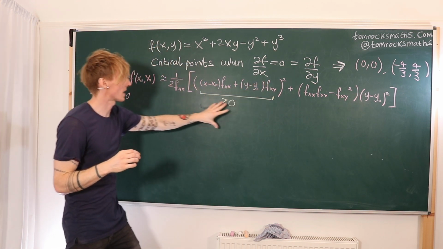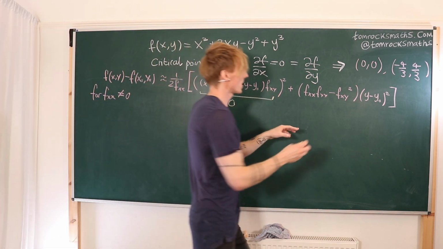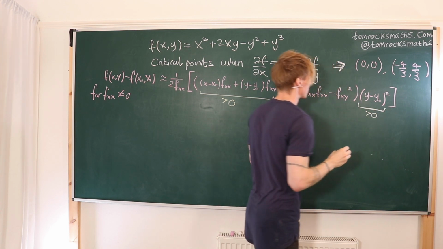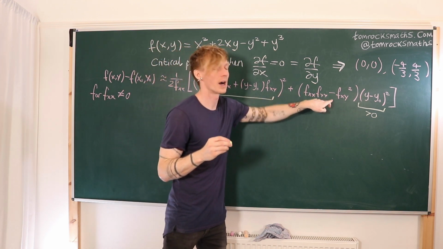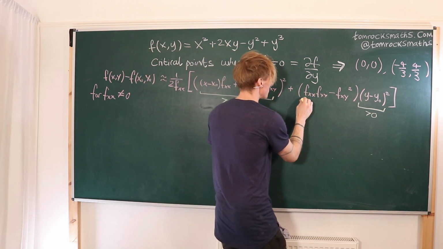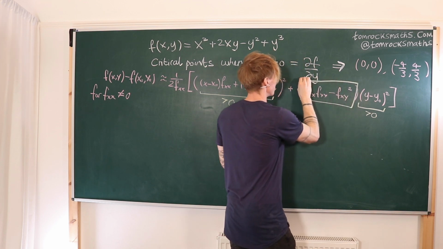So this entire bracket is always going to be positive. Then we also have something positive here with y minus y0 squared. And then we're just left with this term, fxx fyy minus fxy squared.